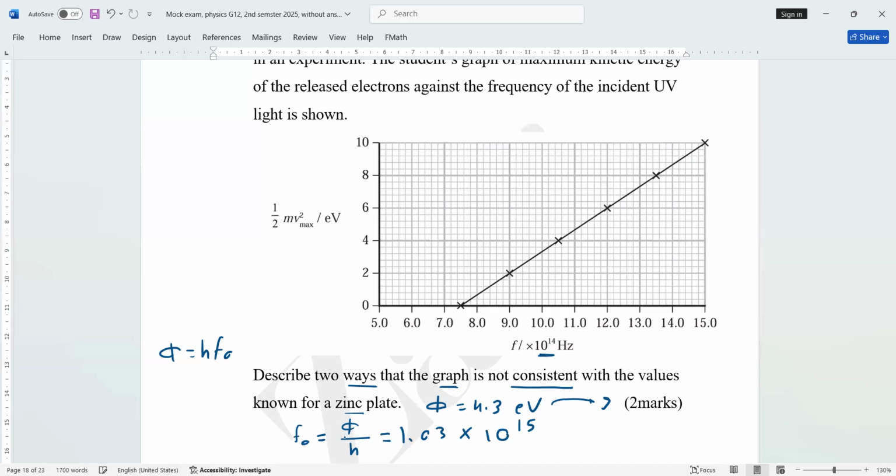This answer is power 14, so it means 10.3 times 10 to the power 14 hertz.